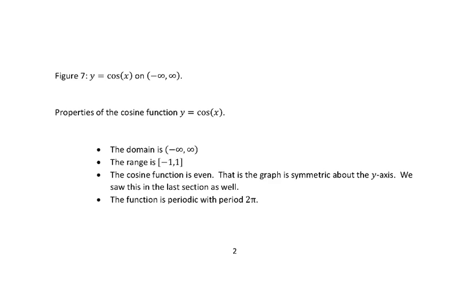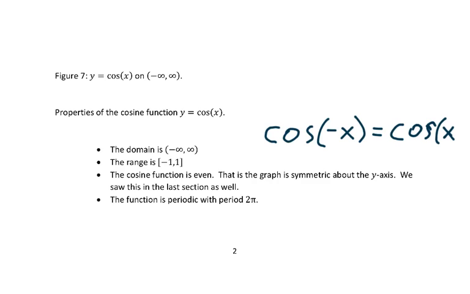We have seen that before: if you do cosine of negative x, I might have called x theta, but it's really the same idea, you end up getting cosine of x. So cosine is actually even. The graph, in other words, is symmetric about the y-axis. And again, the function is periodic with period 2 pi.